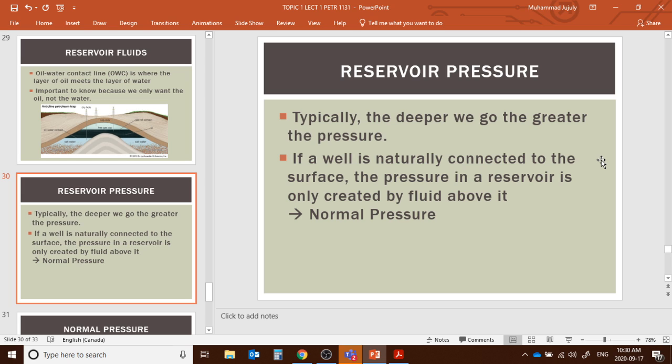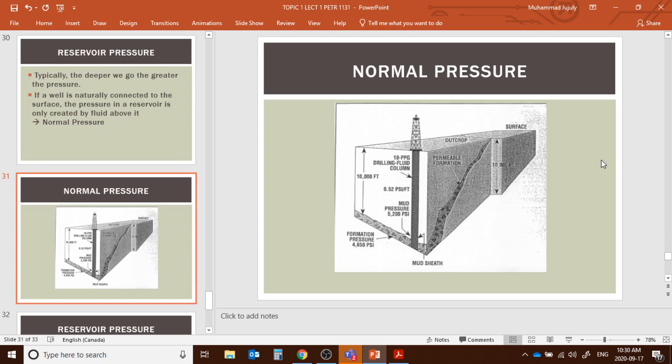All right, reservoir pressure, a very important thing. I'll just touch base on it a little bit, but we'll explain more later. Okay, so for reservoir pressure, typically the deeper you go, the greater the pressure. If a well is naturally connected to the surface, the pressure in a reservoir is only created by the fluid above it. Okay, that's called the normal pressure.